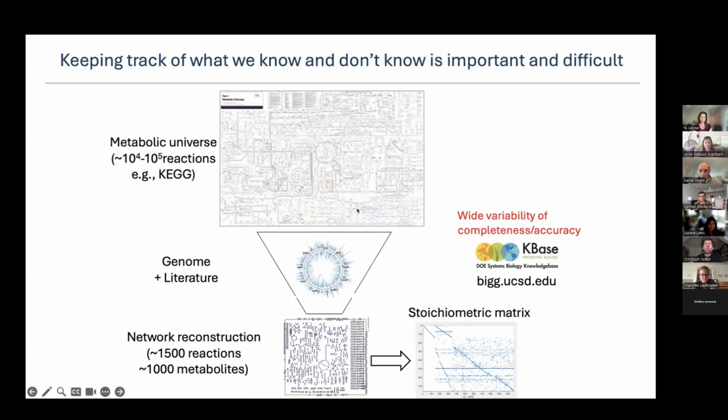One needs to go from the collection of all known metabolic reactions across all living systems through information about the specific reactions found in the genome of the organism of interest, often through the usage of literature curation. The ultimate goal for making predictions for a specific organism is to build what is called a network reconstruction for a specific organism. This is E. coli from EcoPsych, and this has the formal representation of the stoichiometric matrix.